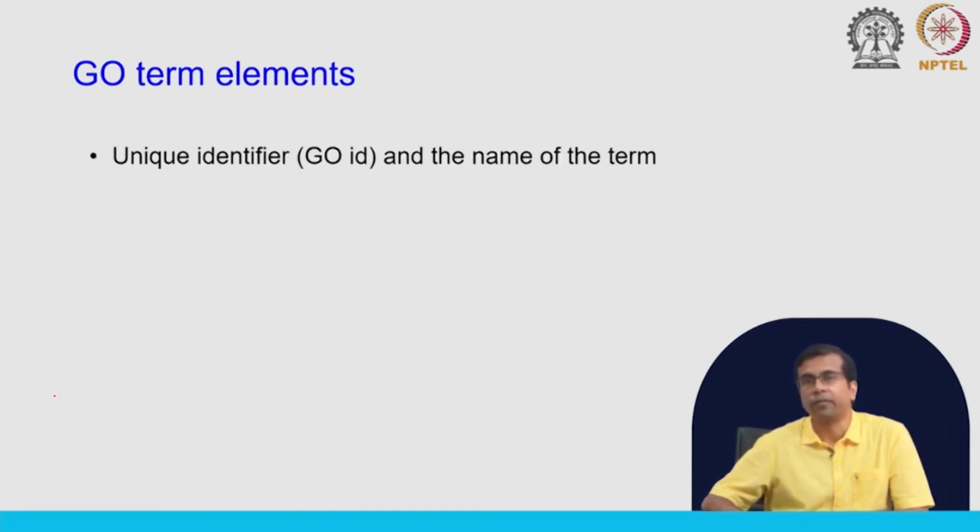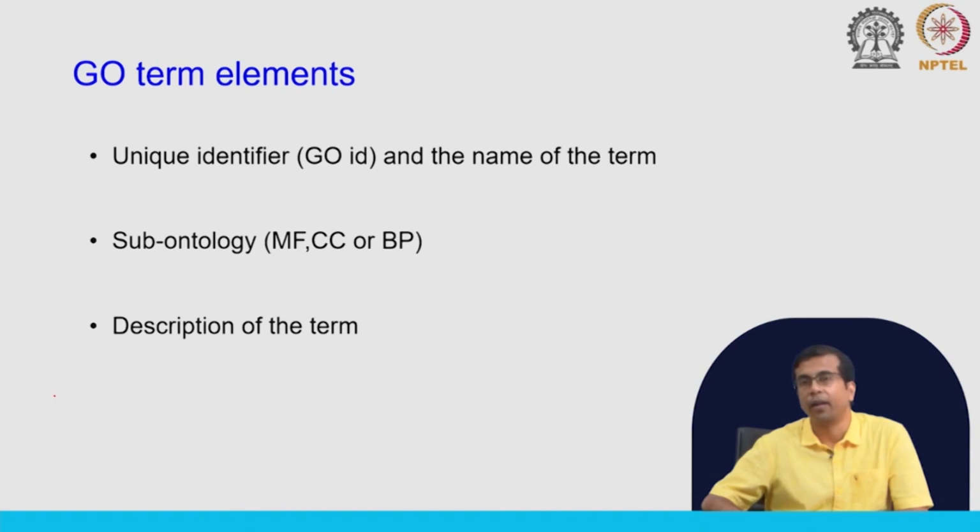So, the first one is the identifier, or sometimes we refer to it as GO ID, okay, and the name of the term. It will also mention the sub ontology, right, MF, CC or BP, and it will have a description of the term, what this means, and it will also describe the relationships with other terms that are present in the ontology.